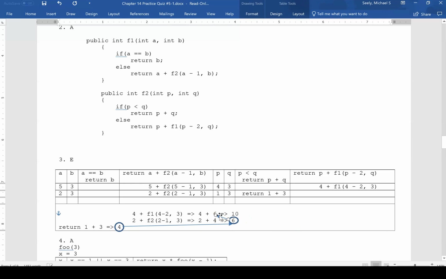Okay. And then finally, we've got 5 plus F2, 5 minus 1, comma 3, which then gives us what? 5 plus 10, and that returns our 15.